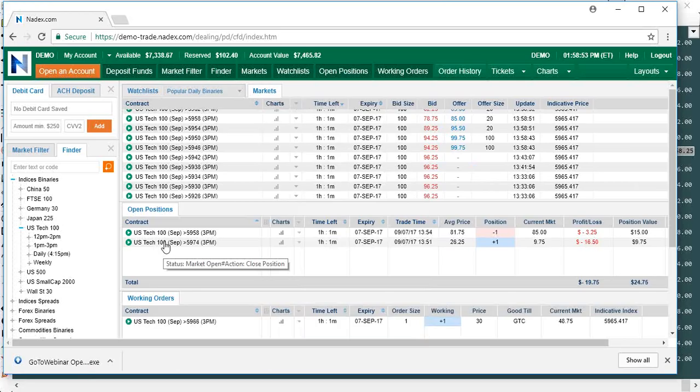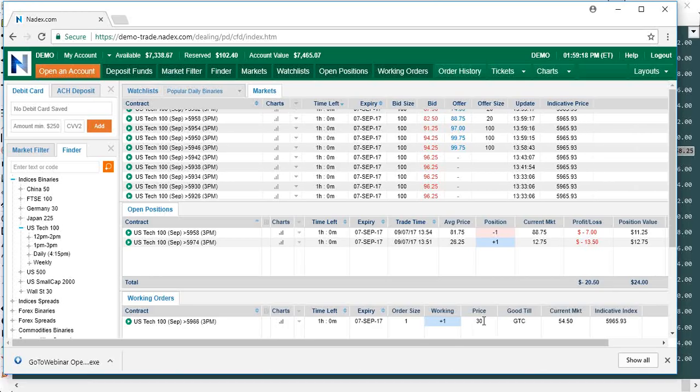No. You see that, Henry? It's not in here. Where is it? It's down here in working orders. Because it's working. It's sitting there ready to go. It's not going to fire off and enter my active open positions until the price gets down to $30.